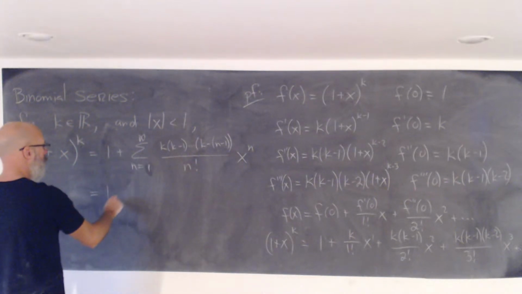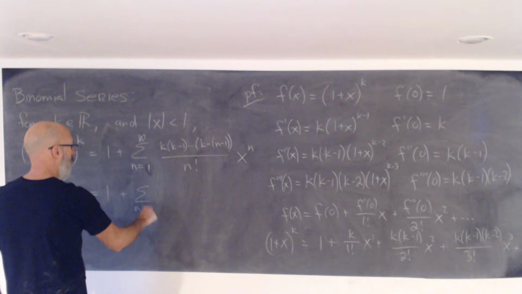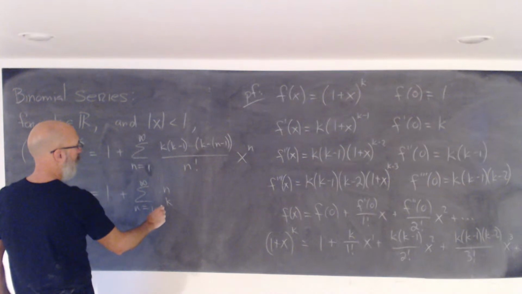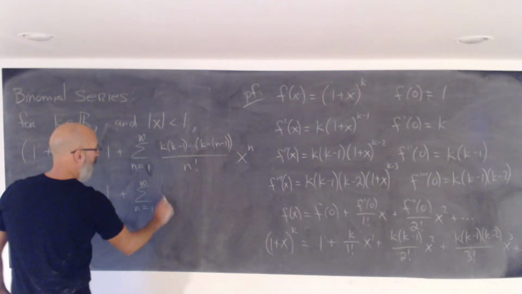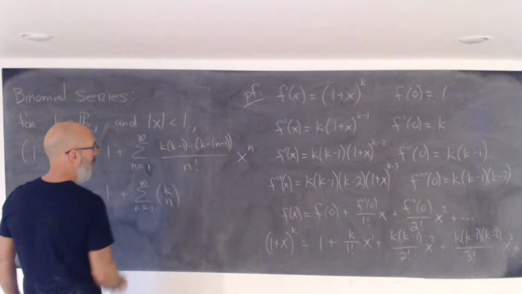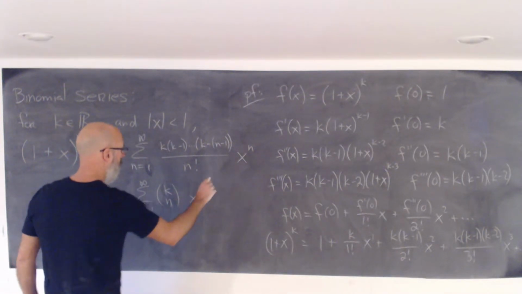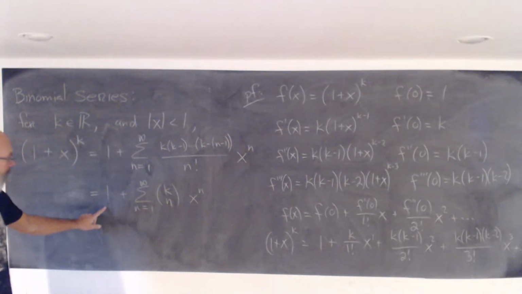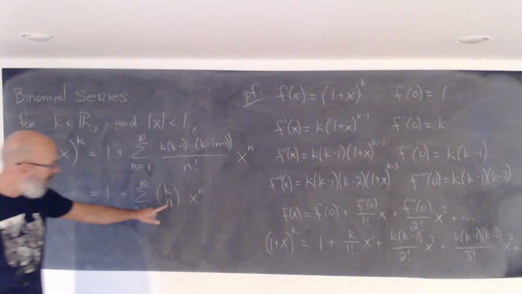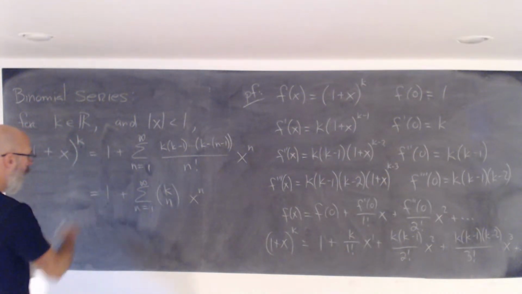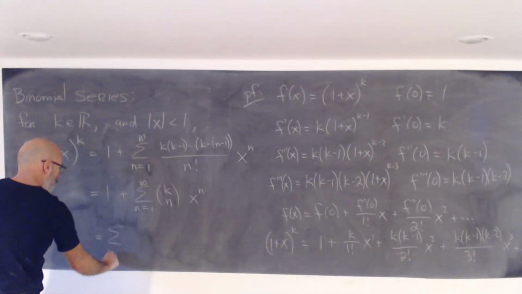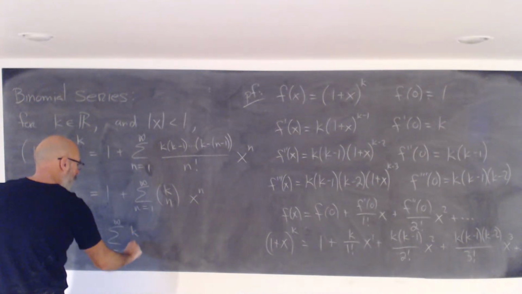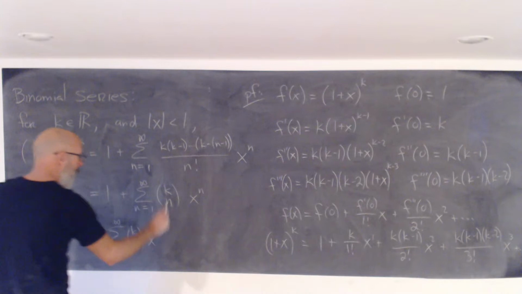So if you go with the n choose k, k choose n rather, it turns out that if n is 0, this also works. If n is 0, everything is 1. So if n is 0, this notation also works. And there it is.